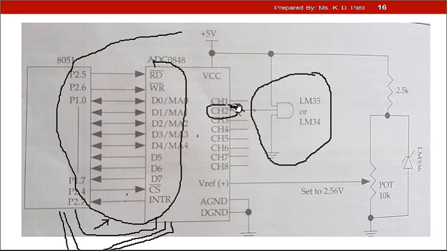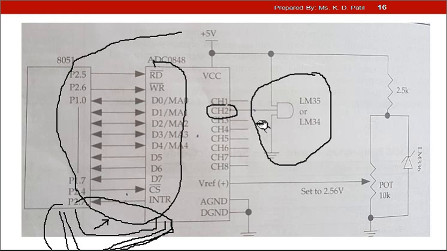In the same way, in this diagram also, we are not concerned now about how the 8051 interfaces with the ADC. That's the reason the detailed description is not given in the diagram, but you can refer to the previous diagram for the detailed description of interfacing the 8051 to the ADC.